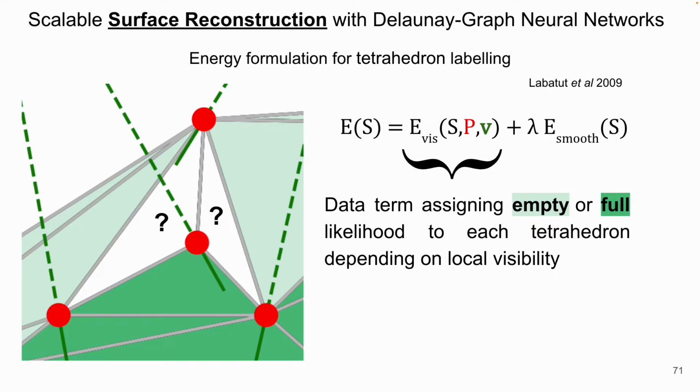And the common approach to solve this problem is to find an empty full labeling by minimizing an energy such as the one that I've shown here, which was introduced by Labatut et al. And this energy can be efficiently minimized using a graph cut.